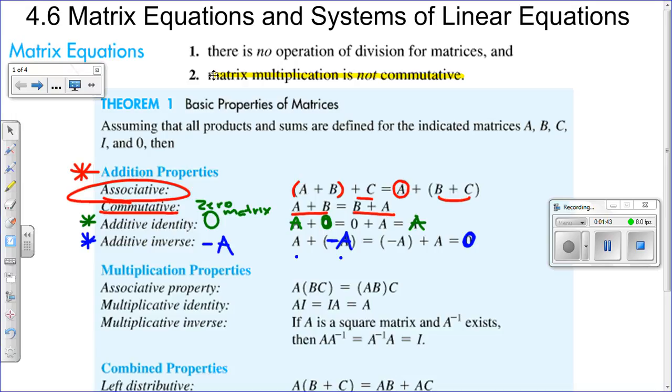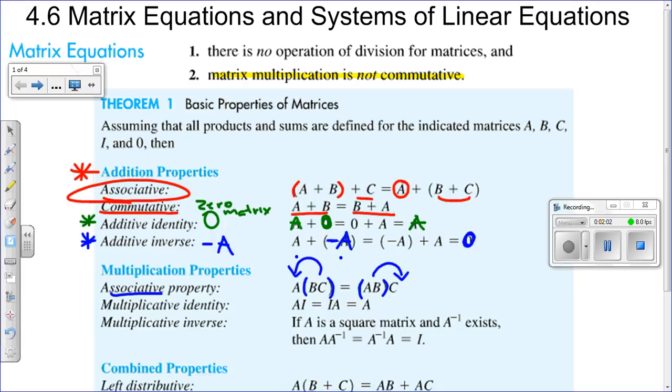Now for multiplication, we have that multiplication is associative. You can multiply 2 matrices, B and C, and then multiply that times A. Or you could choose to multiply A and B first, and then multiply that times C. That's okay.